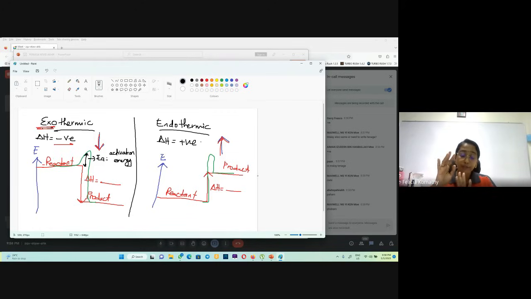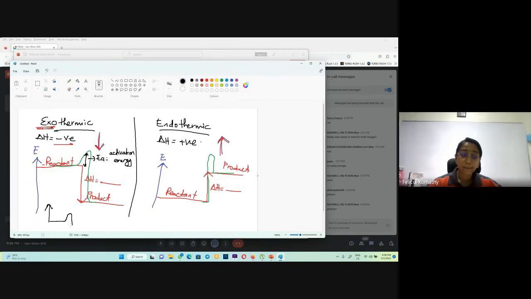You have the heat of reaction. For an energy level diagram, you only have the heat of reaction, no activation energy. So remember, a profile diagram must have a hill. The hill must start from the reactant and go to the product. The reactant must go up. Then go to the product. So here, you get it like this.